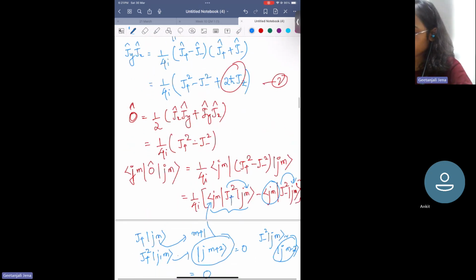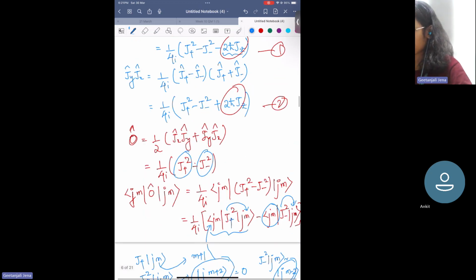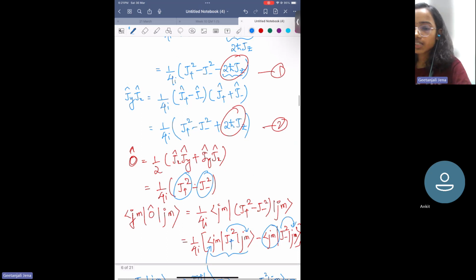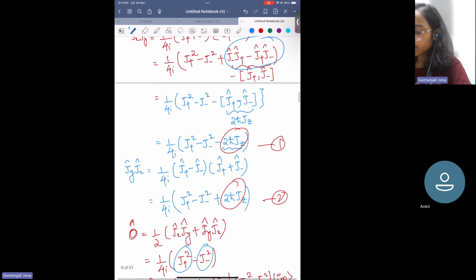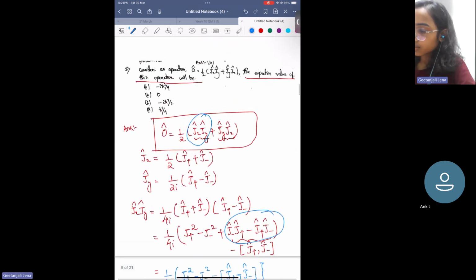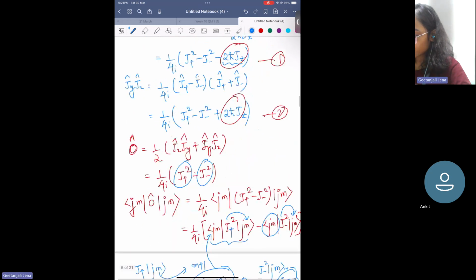So whenever you see J plus and J minus and they are asking about the expectation value, in that case the expectation would be 0, because the state gets changed when J plus and J minus act on the state. So the expectation value of this operator is 0. So this is the answer for this question.